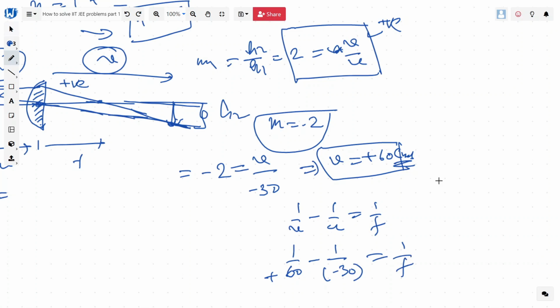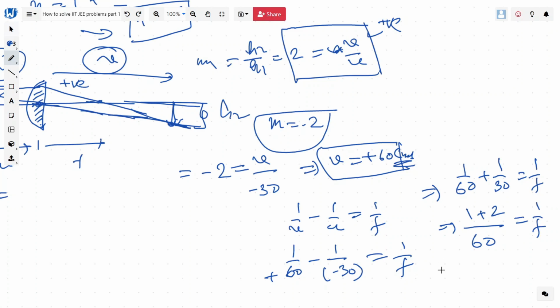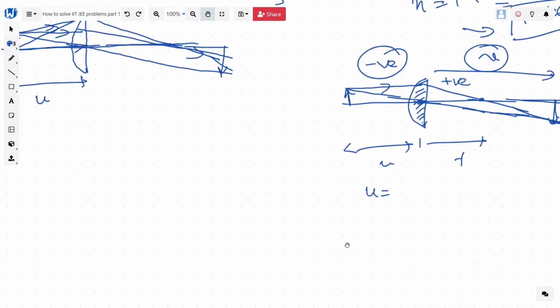And this is going to be 1 by F. So it's 1 by 60 plus 1 by 30, which is 1 plus 2 by 60, that is 3 by 60, and F is equal to 20 centimeters.